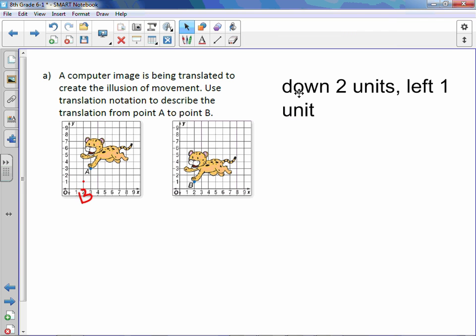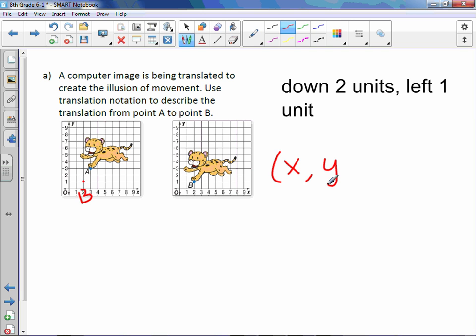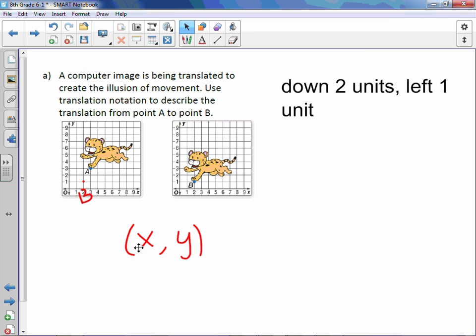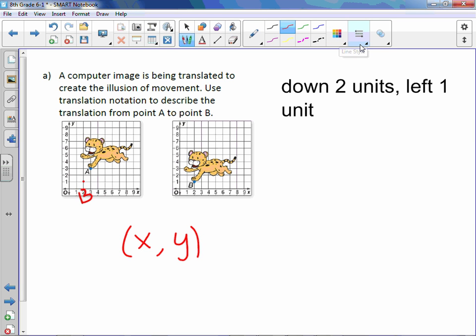Okay, that's one way to write it. The other way to write it is to use translation notation or transformation notation. Okay, so we had a translation where we took the x-coordinate and the y-coordinate. I'm going to do this down here where I have a little more space. We took the x-coordinate and the y-coordinate.